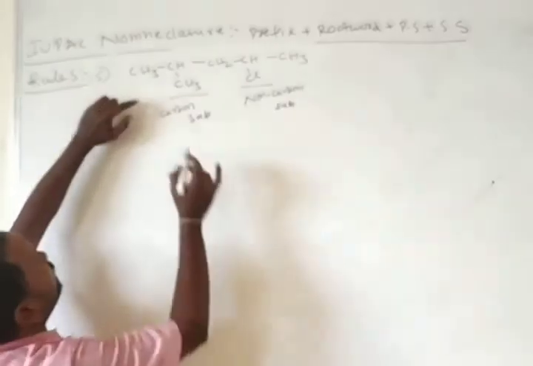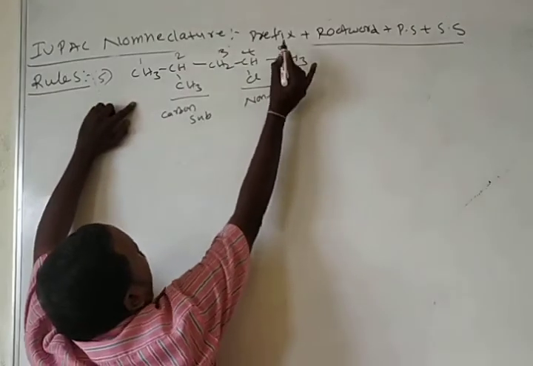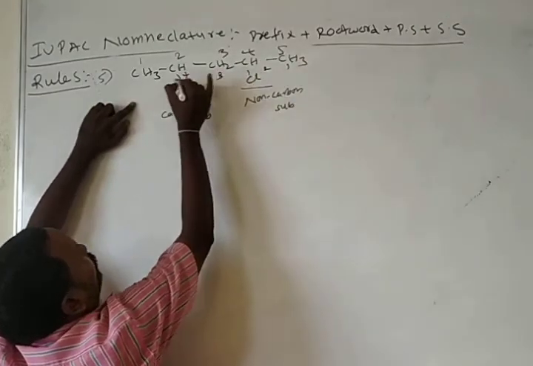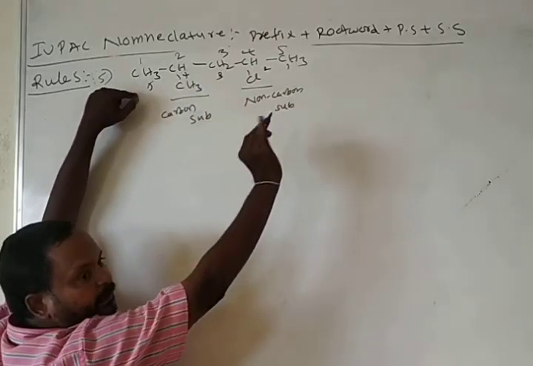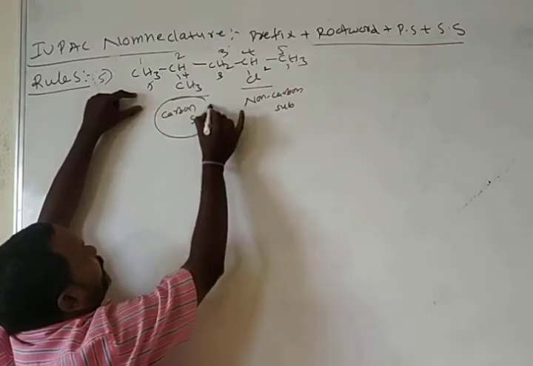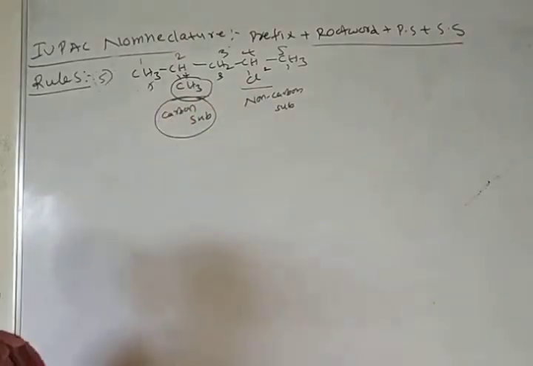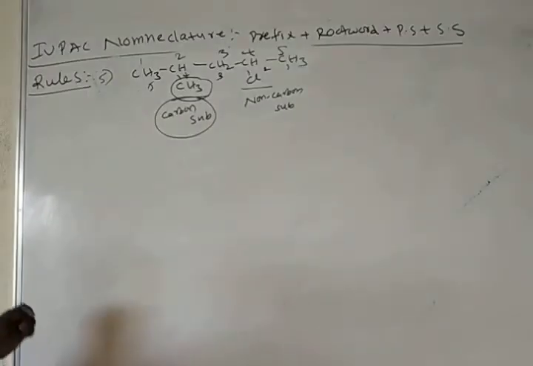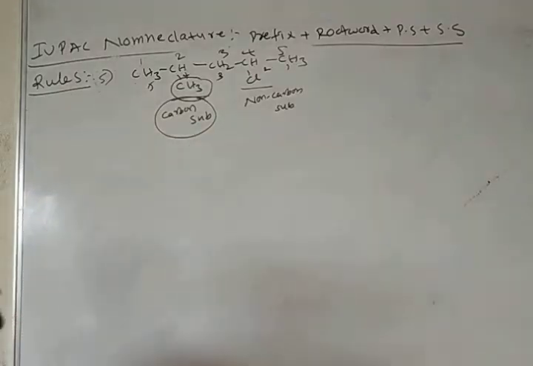Preference means, by rating the numbering, here 1, 2, 3, 4, 5. Which is correct? Left to right or right to left? We are giving preference to the carbon substituent, which means you should give the lowest number to the carbon substituent. Here, left to right is right.